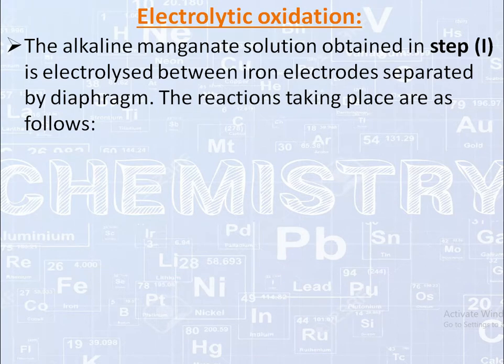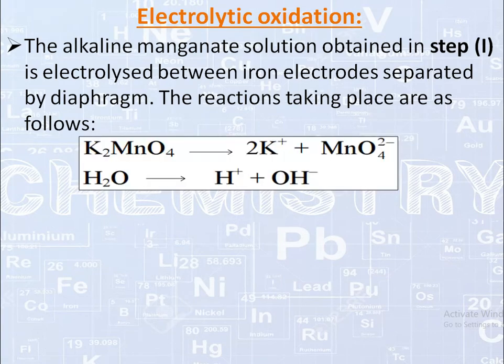The reactions taking place are as follows. First, potassium manganate dissociates to give 2K+ and manganate ion, that is MnO4 2-, and H2O gives H+ and OH-.